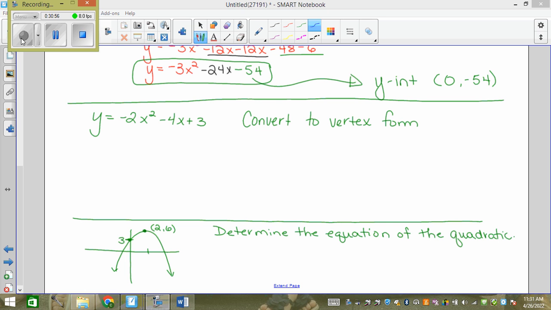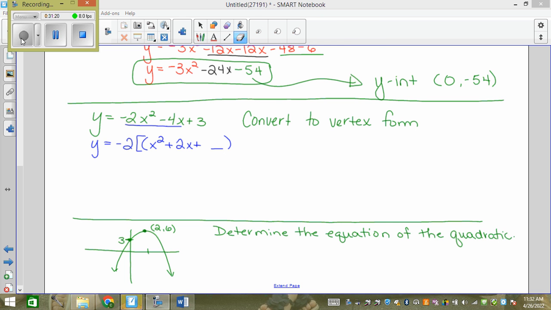Try them out. If you're not done, we're going to go through it anyways. So, what do we do? We take the negative 2 out. We go square bracket. Then what do we do? Square bracket, round bracket, and we take it out of the first 2. Negative 2 out is positive x squared. Negative 4x divided by negative 2 is positive 2x. Plus blank, minus blank, square bracket plus 3. How do we get the blank?